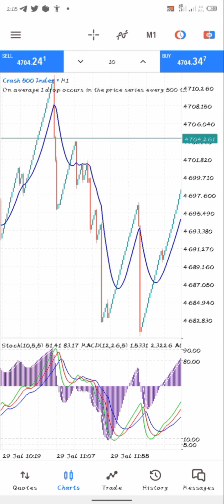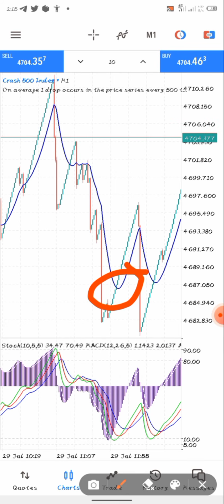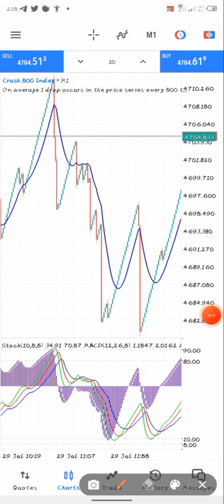Now the first thing, as I explained to you on Boom, you have to see the candle closing below the Bollinger band, and on price the candle has to close above the moving average, with 1 or 2 candles, then you are into the trade. That's the first confirmation you need to see.